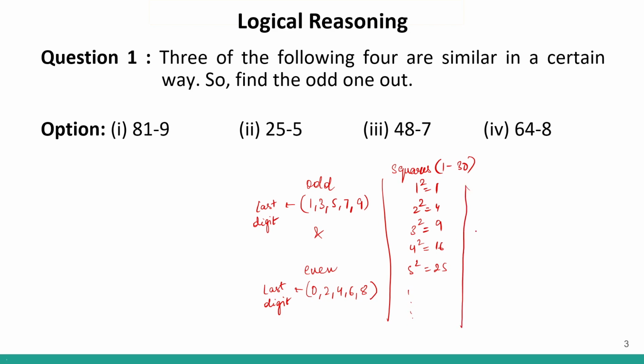Then I told you you should remember the cubes of at least 1 to 15 or 20. 1 cube is 1, 2 cube is 8, 3 cube is 27, 4 cube is how much? 4 cube is 64, and so on. So this you should remember.